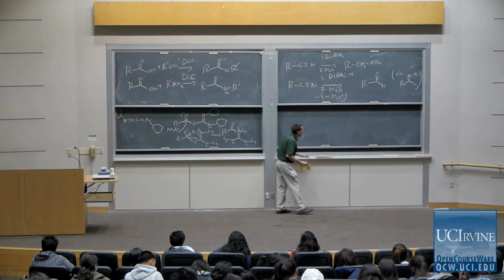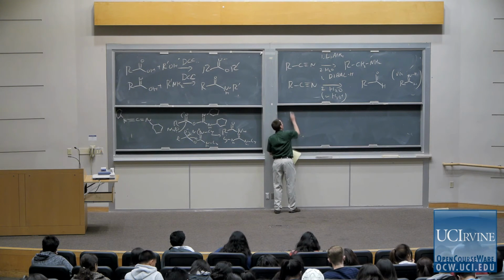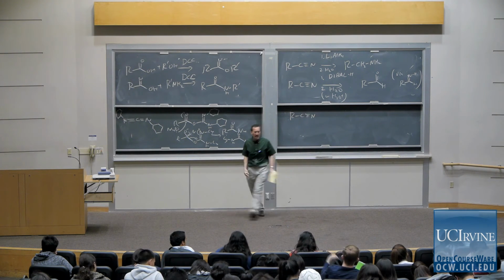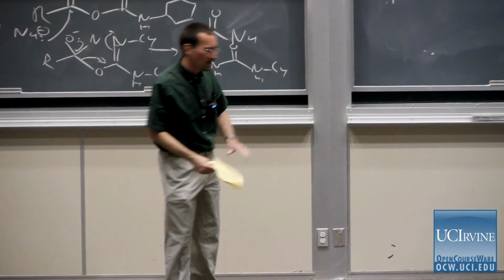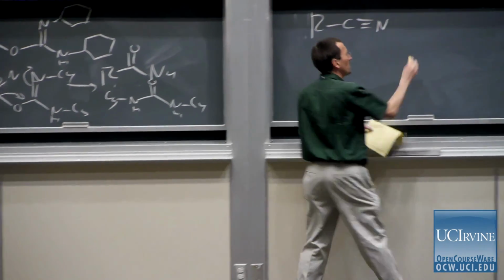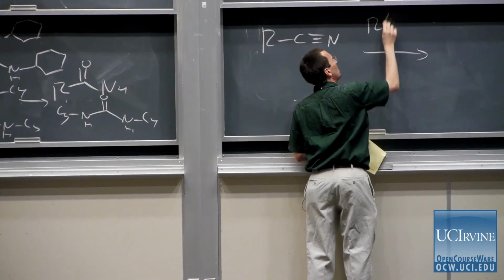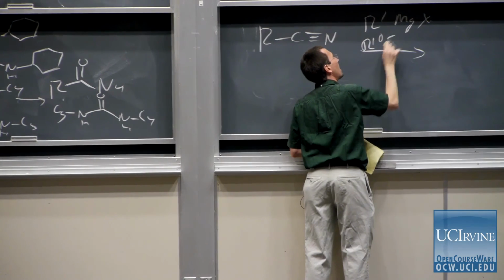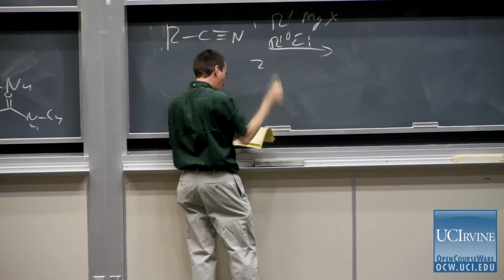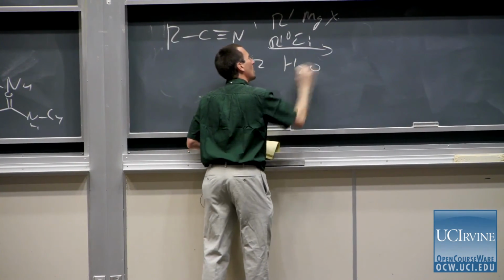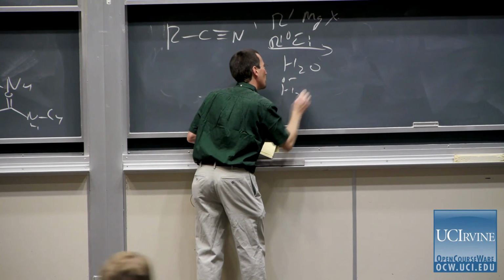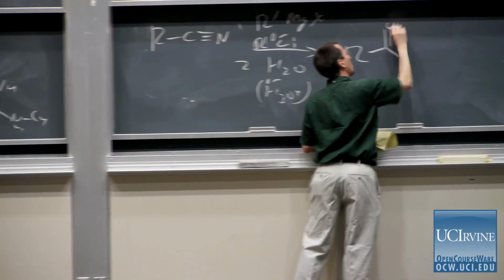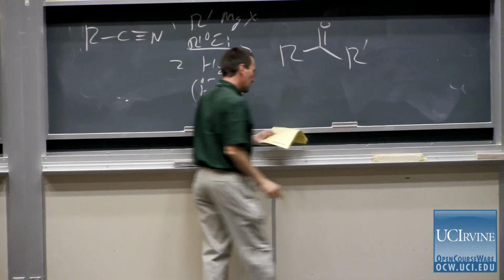And I'll give you 2 more examples from your textbook while we're talking about the chemistry of nitriles. And again, I could show you many other examples. So Grignard reagents and organolithium reagents, I'll call it R prime MgX or R prime Li, followed by an aqueous workup, H2O or H3O plus, can add to give you ketones, like so.